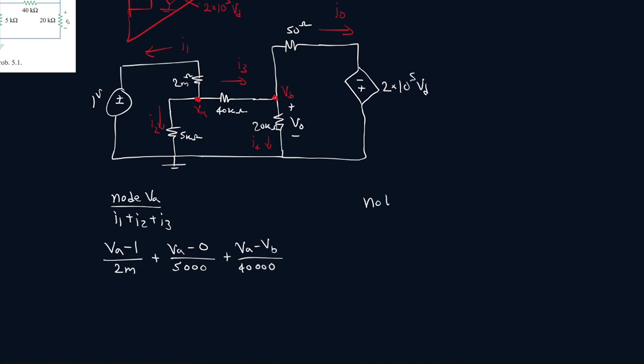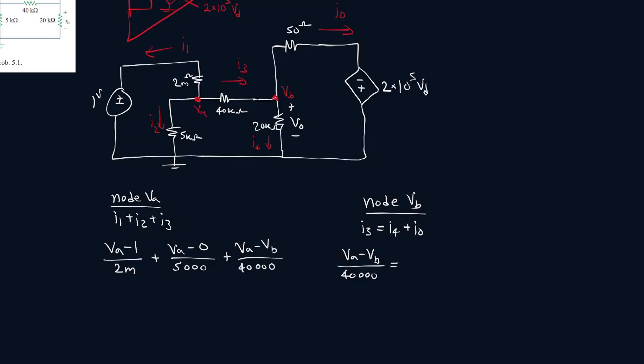Now for node VB, it's going to be I3, which is entering it, equals I4 plus IO, which are leaving it. So I3 will be VA minus VB all over 40,000.